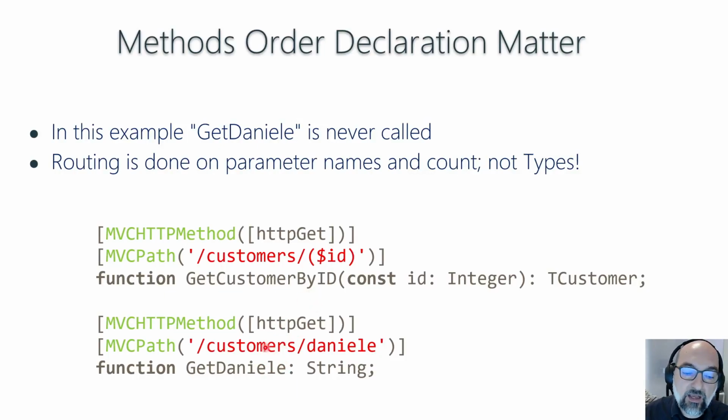When the client issues a request with /customer/Daniele, the order of method scanning starts from the top to the bottom. The first method it encounters is this one, and it tries to take this parameter, which is Daniele, and convert it to an integer, which raises an exception. So remember, the routing is done on parameter names and count, not types.